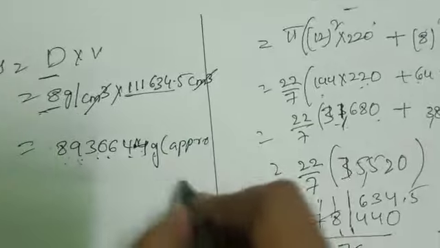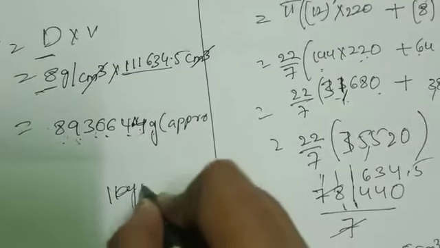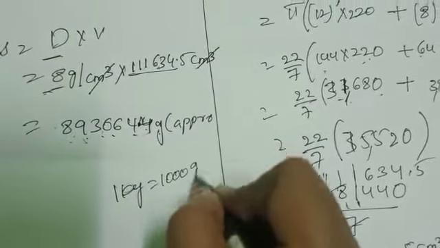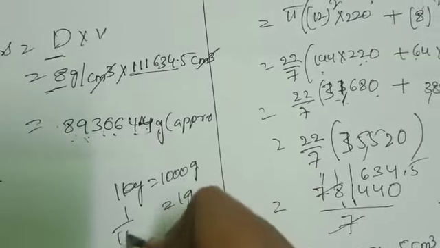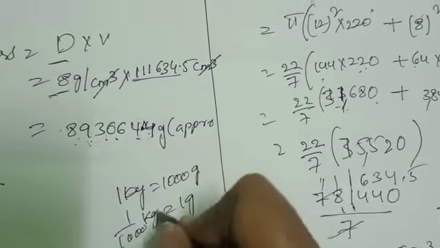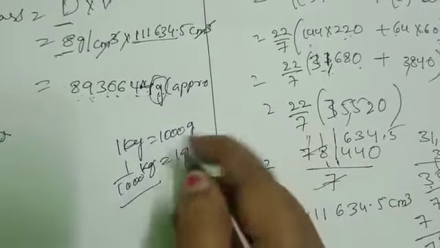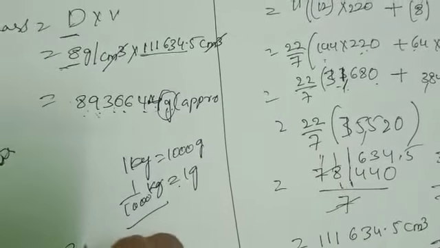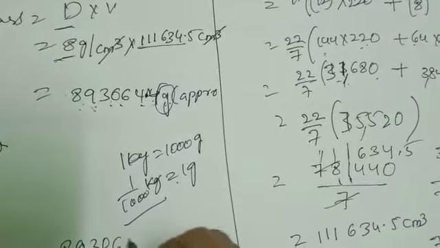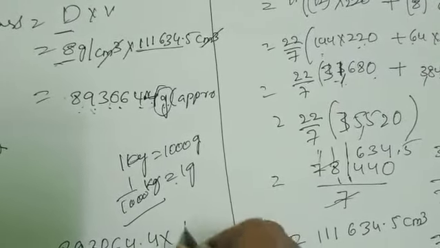In kgs, 1 kg equals 1000 grams, 1 gram equals 1 by 1000 kgs. So in place of grams we can write 1 by 1000 kgs. 893,064.4 into 1 by 1000.